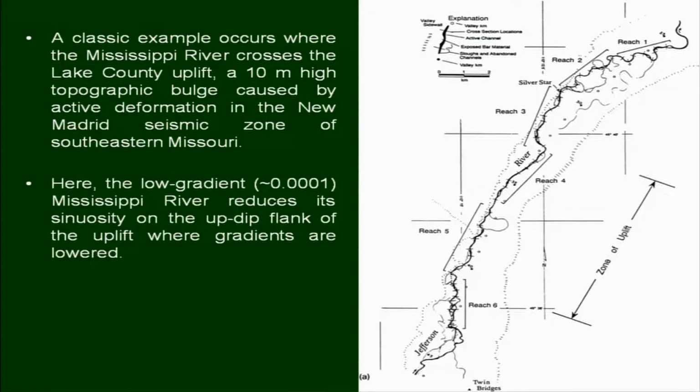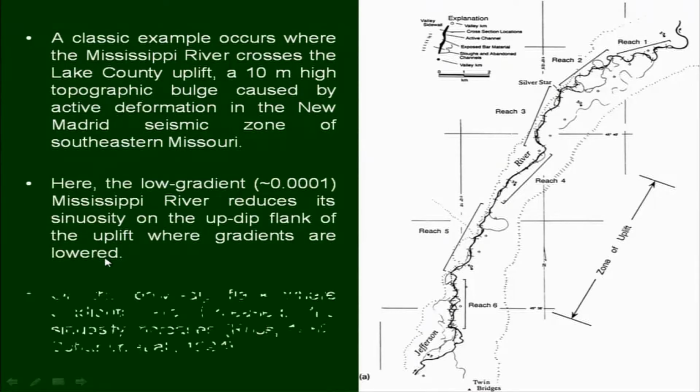Here it says the gradient of the Mississippi River is very low, 0.0001. The Mississippi River reduces its sinuosity on the up-dip flank of the uplift, where the gradient is lowered. The gradient changes on the uplift part, where you have the bulge or the warp. So on the upstream side the gradient is lower because of the uplift.